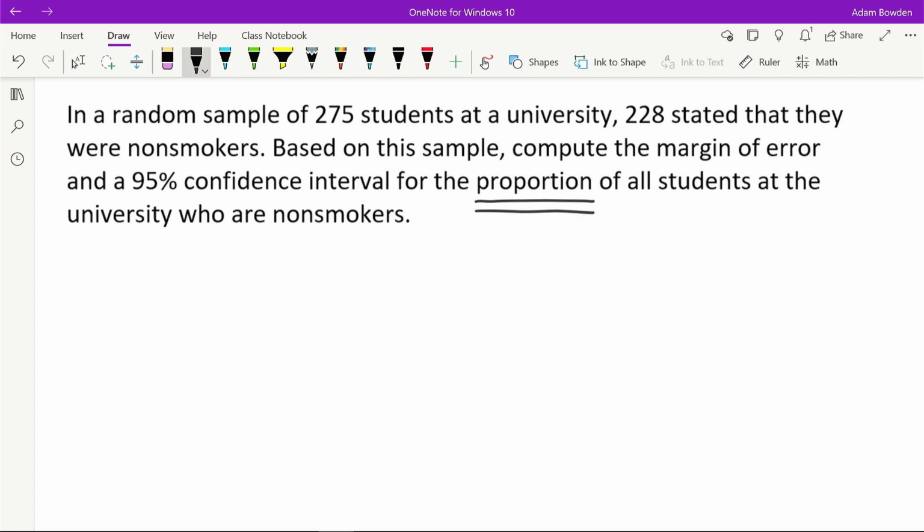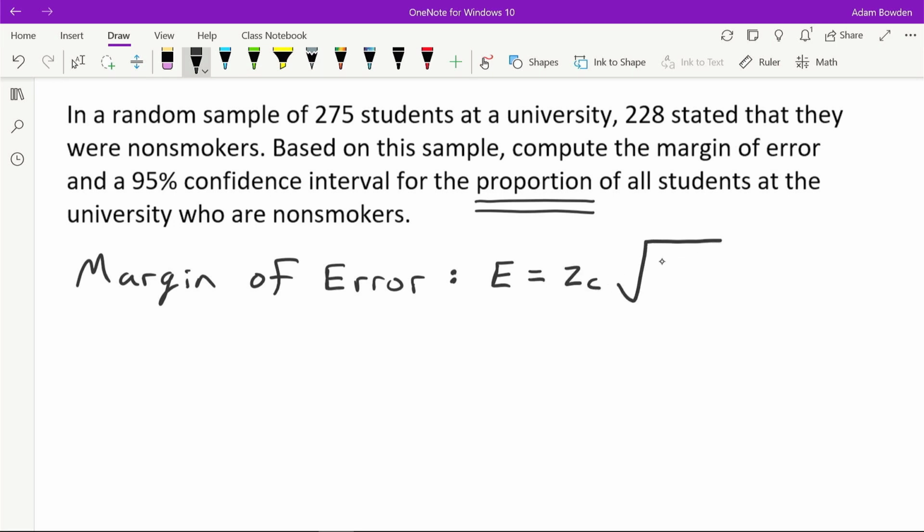So if we look up in the formulas, there's one specifically for margin of error for population proportions. And this formula goes E equals z sub c square root p hat q hat all over n.